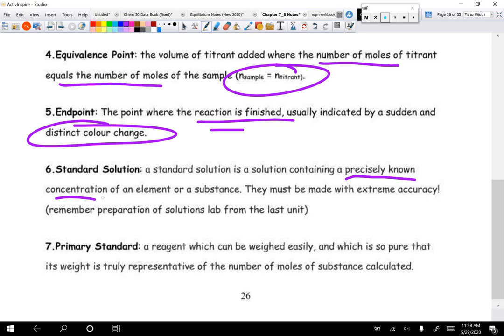And a primary standard is what we use to create the standard solution. So it's a reagent that can be weighed easily, which is pure. And when you use it, that means the number of moles calculated is true. So for the pure, we're looking at like 100% pure and stuff like that. Obviously something that's 70% pure isn't going to work as a primary standard.